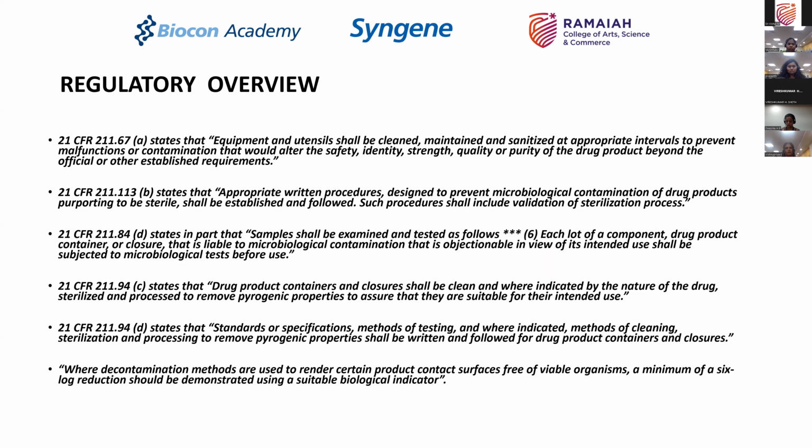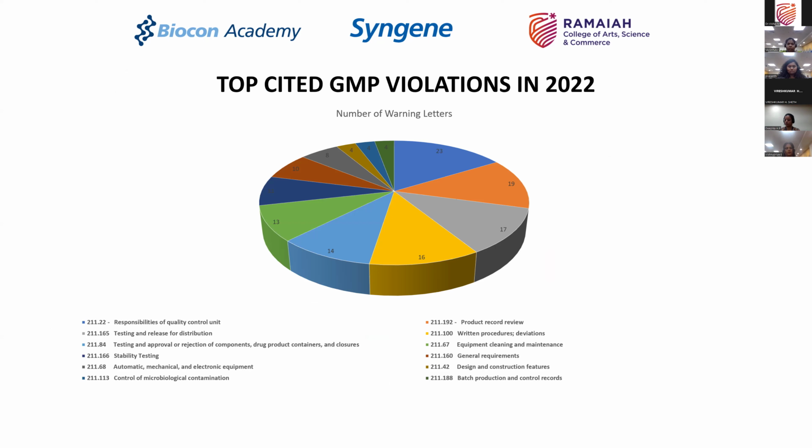It is a very, very important aspect and needs to be validated. Why? Because of the number of violations cited in the past, we are seeing that sterility remains a concern. Sterility assurance remains a concern on GMP compliance.